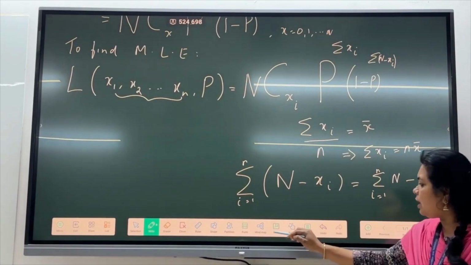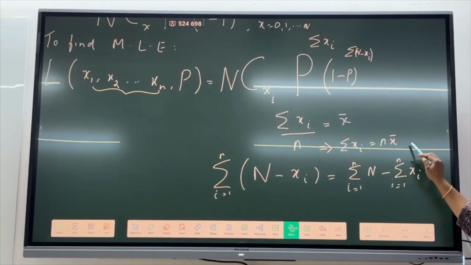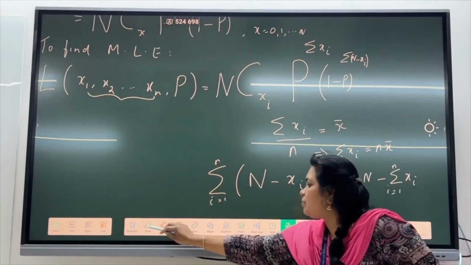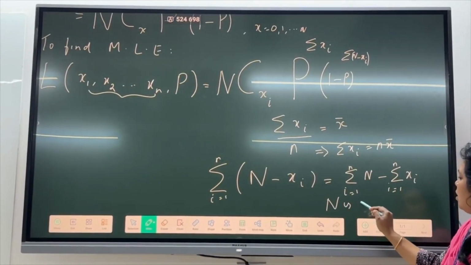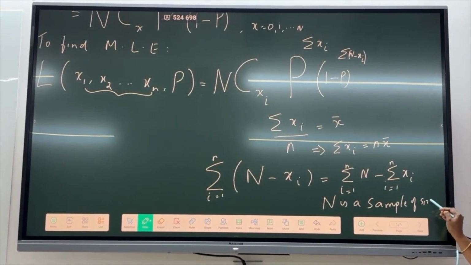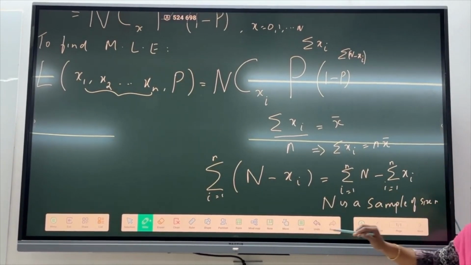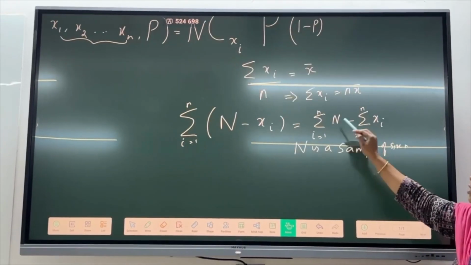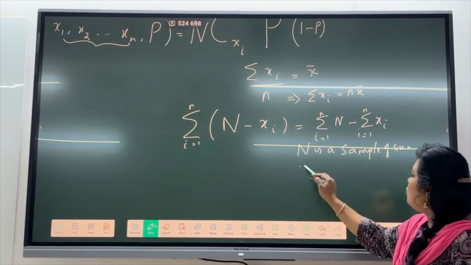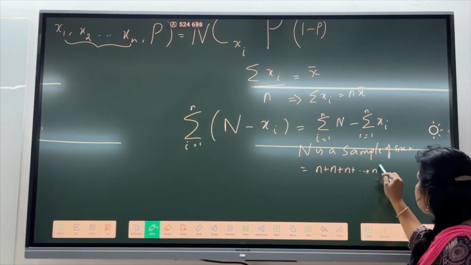All of you look at the question. The capital N is for a sample of size small n. So how many times will it go? It will go n times, N plus N plus N plus etc., n times.